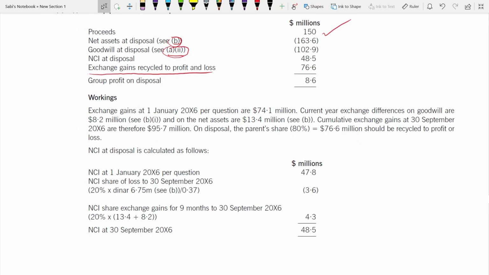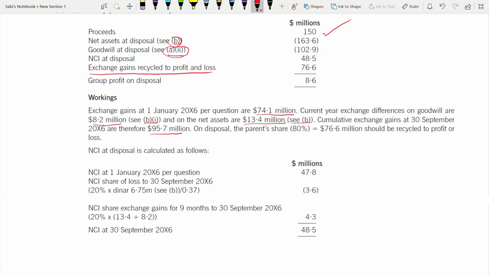So exchange gain on 1st of Jan per question was this. They have given in the question. Current year exchange differences on goodwill are this one, CB, this one, 8.2 million. And net assets was this much. Okay, so cumulative exchange gains on 30th September was this much. You can see your part B, CB.